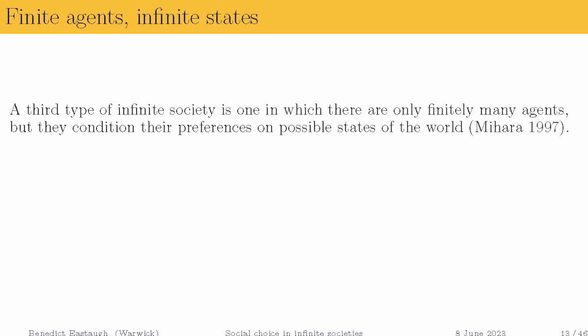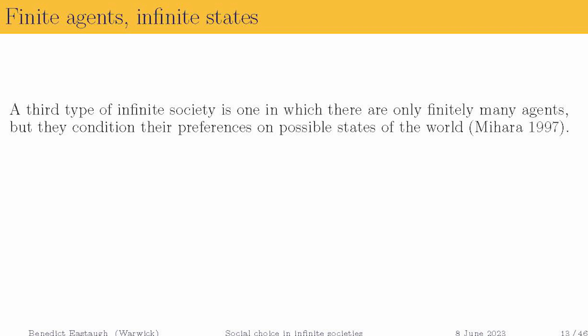And then finally, in some ways perhaps most plausibly, is a third type of infinite society. It's one where there are only finitely many agents, just thinking about a more normal electoral society. So we only have finitely many, say, human beings making decisions, but they're conditioning their preferences on possible states of the world. So they're saying, well, if things are like this, then these are my preferences.